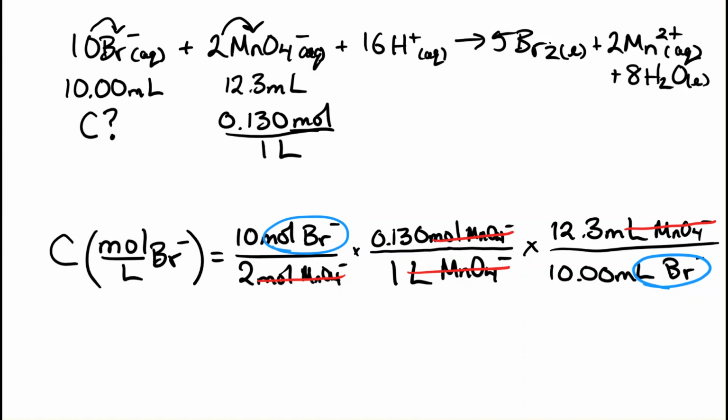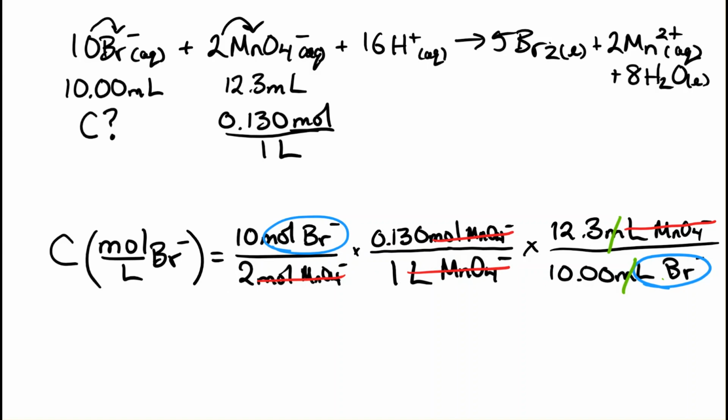Hopefully it's not too much of a stretch, but let's take a look at this. The milli and the milli cancel each other out. So we're only left with moles per liter of bromide. When we do this on our calculator, you're going to take 10 times 0.130 times 12.3 divided by brackets 2 times 1 times 10.